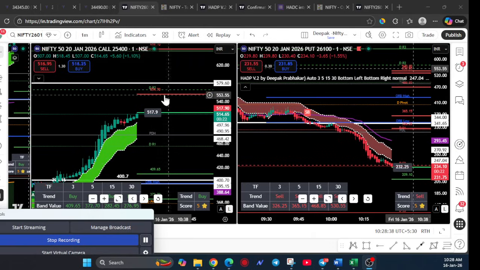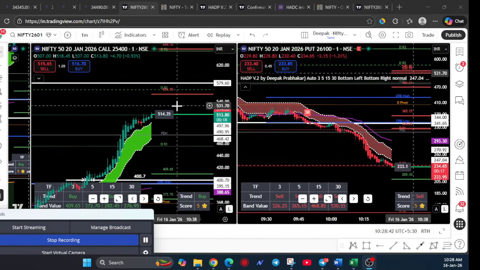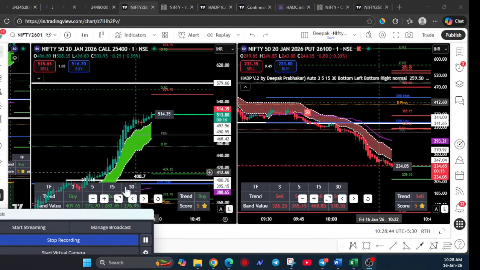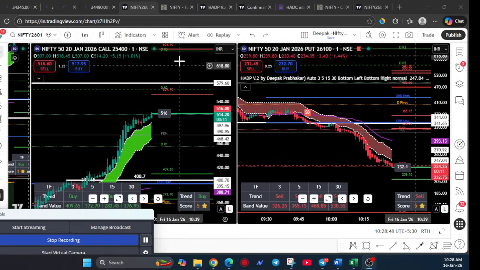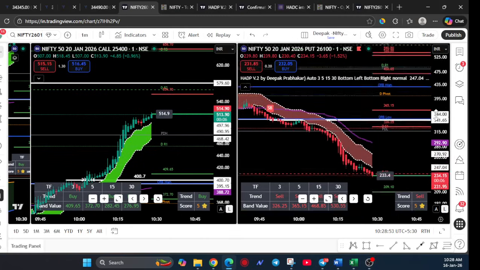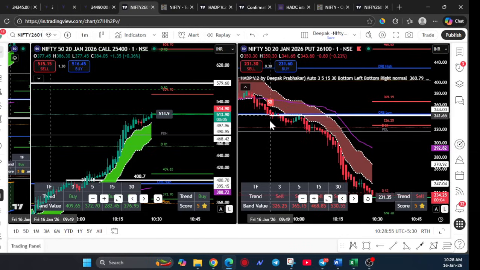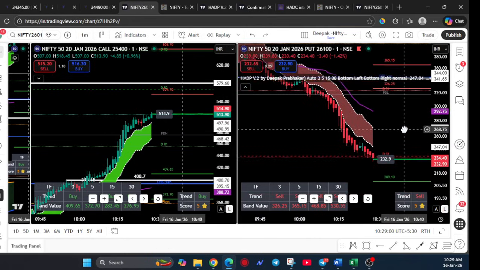518, getting very close now. So the beauty is, it almost tells you the target by the lines. On the sell side, if you see, it gave a sell here at 341. So your first target was 326, it's done.